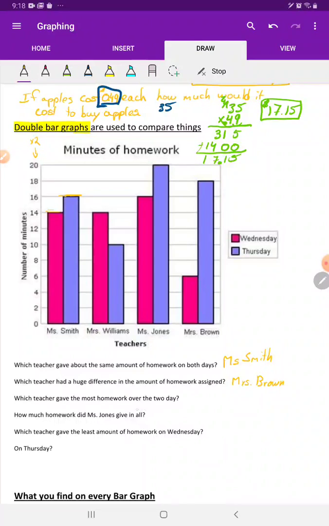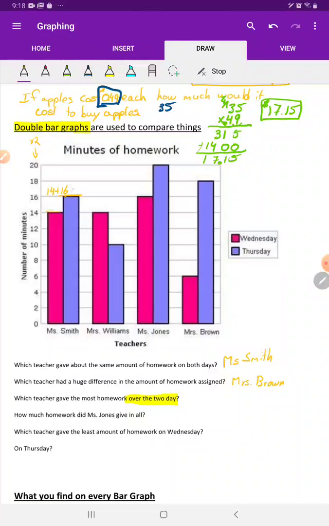All right, so now, which teacher gave the most homework? Okay, now see, this is an interesting question because it specifically says over the 2 days. That means that maybe it's Mrs. Jones, but maybe it's not. Mrs. Jones gave the most homework on one single day, that's true. But in order to know whether she gave the most homework on the 2 days combined, we have to see how much homework each teacher is given.